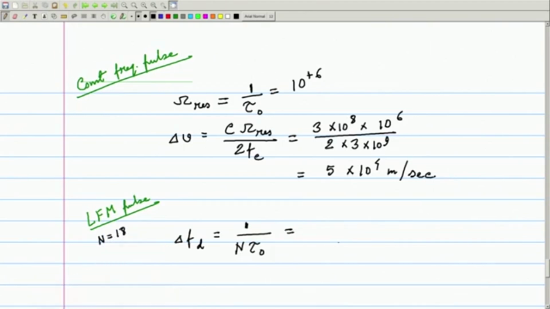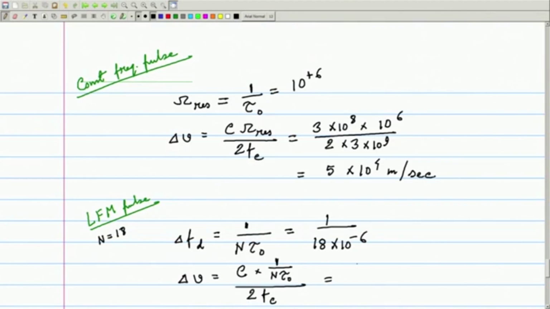So, it will be 1 by 18 into 10 to the power minus 6, and my delta V will be C into 1 by n tau naught by 2 f c.